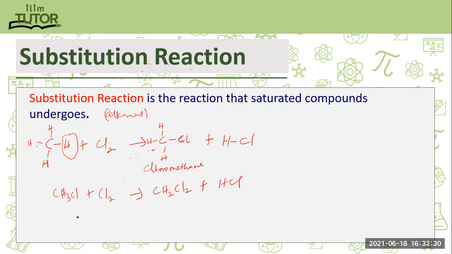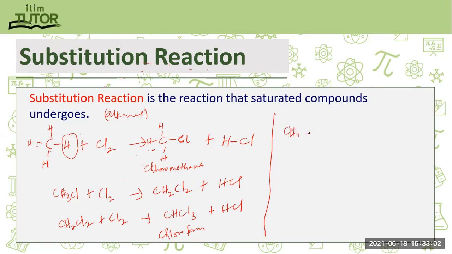If I continue that again, the CH2Cl2 can be further substituted, where we have CHCl3 plus HCl. Because this particular reaction is important, this is called chloroform, which is an anesthetic used in the health sector.